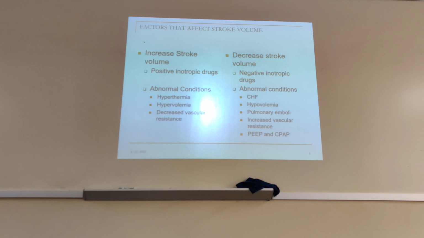Decreased stroke volume, factors that will cause it to decrease. Negative inotropic agents, drugs that will slow down the strength of myocardial contractions, will make it not pump out as much blood per beat. Abnormal conditions that will lead to a decreased stroke volume: CHF. Okay, so CHF basically is a left-sided problem. It means that your heart is weak.